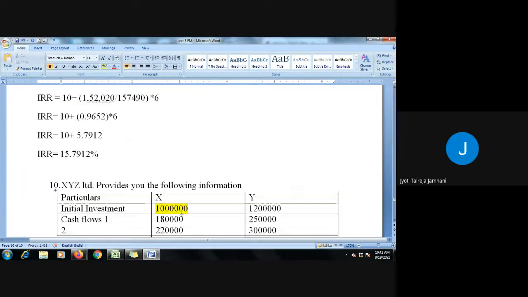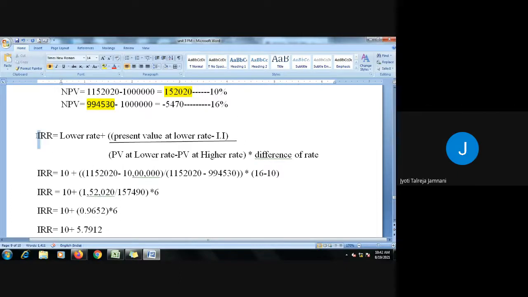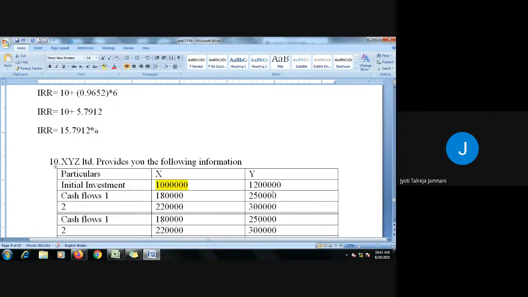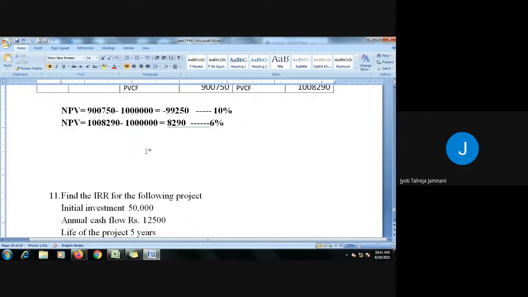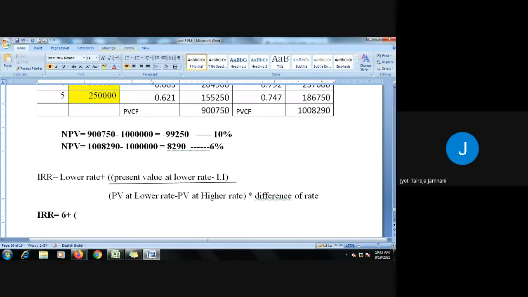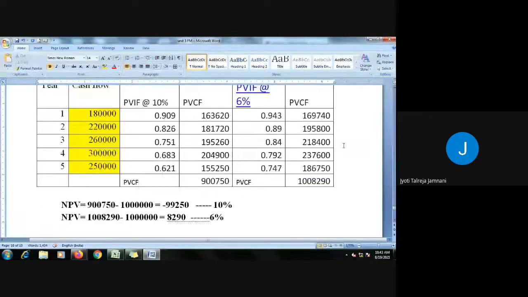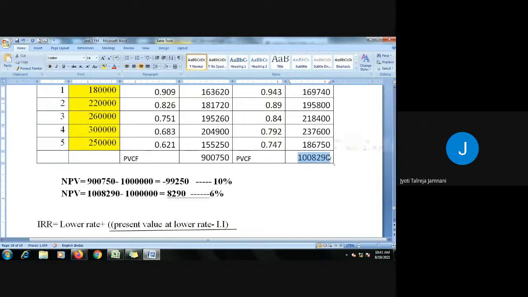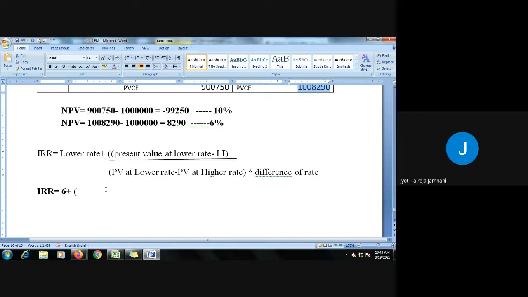Okay, now we'll find IRR. So I'll just write down this formula. IRR is equal to lower rate, you said is 6%, plus present value at lower rate. So here at lower rate of 6%, 10 lakh 8,290 is the present value at lower rate.